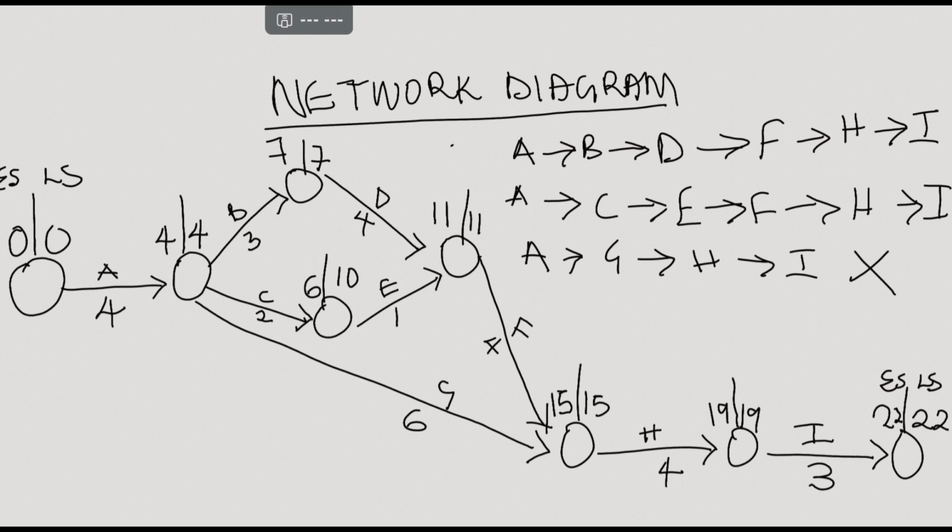So that means this one has been discredited because between these three, the last one is the shortest one. We are not using it because the conditions for a critical path are that it must be the longest path and there must be no slack time.